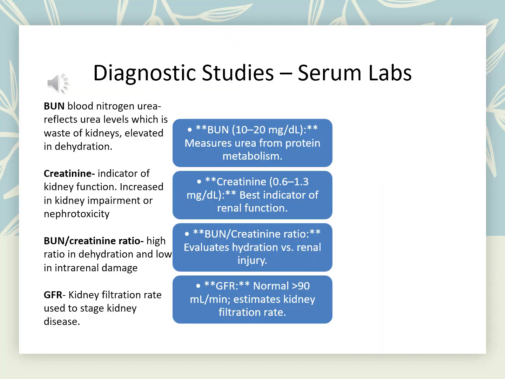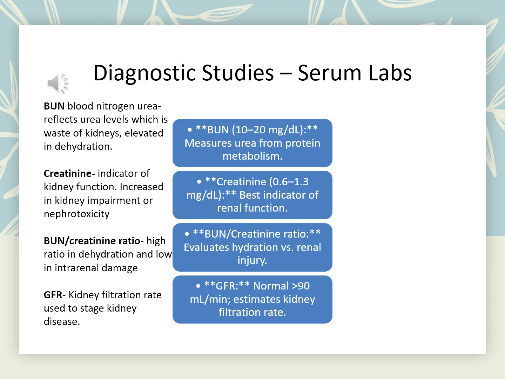Okay, so we're going to talk a little bit more in depth on our lab levels or our diagnostic studies for our urinary system. So I mentioned up top BUN. BUN is our blood urea nitrogen. This helps to reflect those urea levels, which is a waste product of the kidneys and is usually elevated in dehydration. So this is from protein metabolism. Then we have our creatinine level.